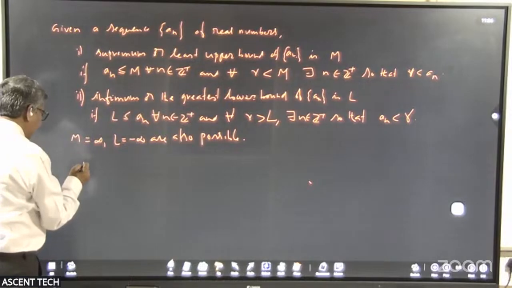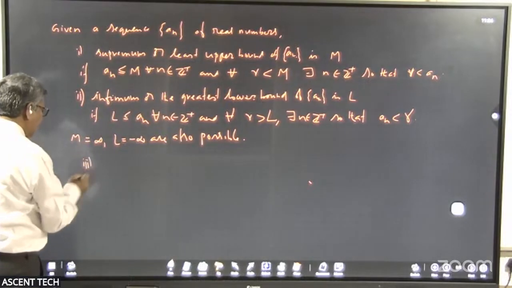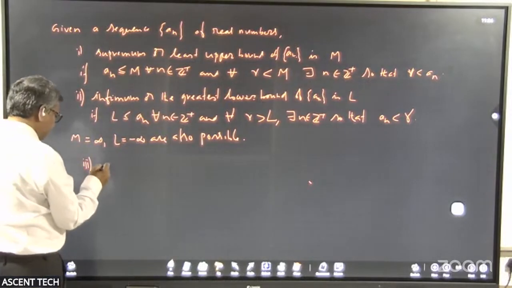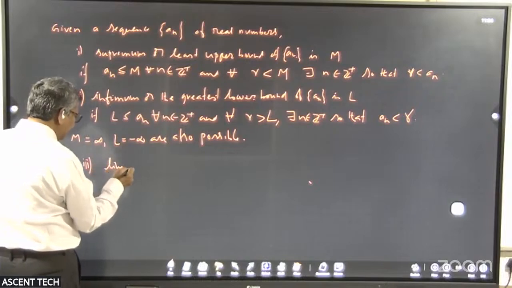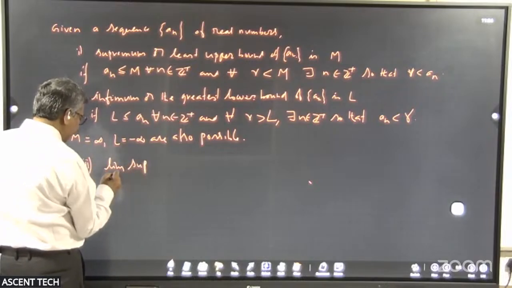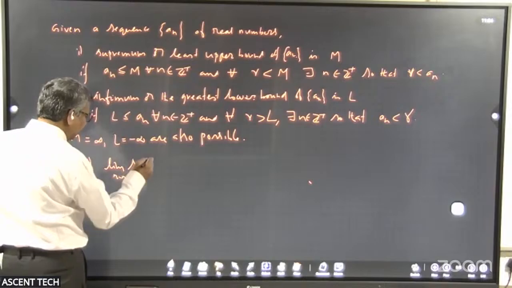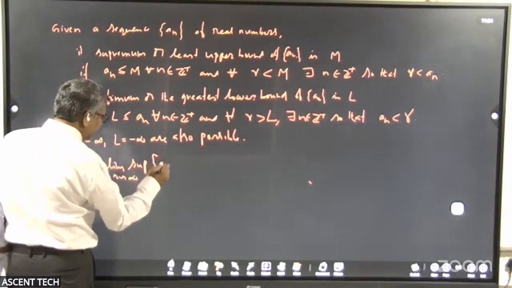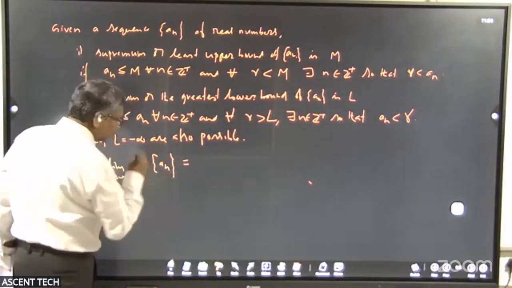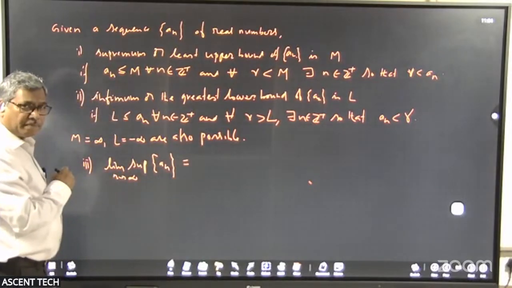Then I'm going to define what is called limit supremum, as n tends to infinity of A_n.